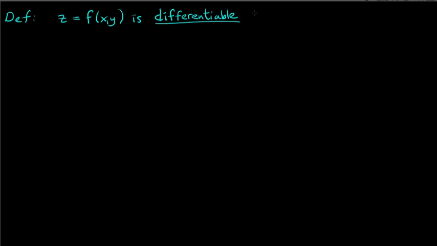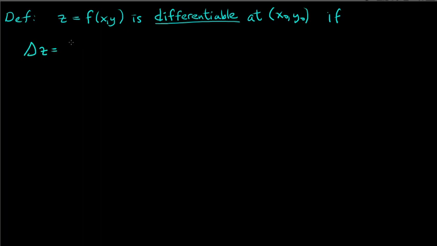So a function of two variables is differentiable, let's say at a specific point x0, y0, and then we can talk about a function being differentiable at a whole bunch of points or in its entire domain, but for now, it's just differentiable at a point, if we can write delta z the following way.